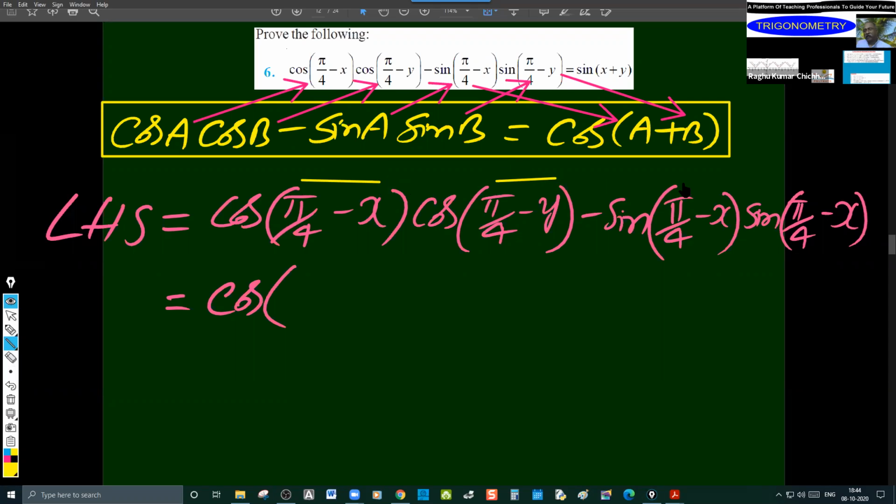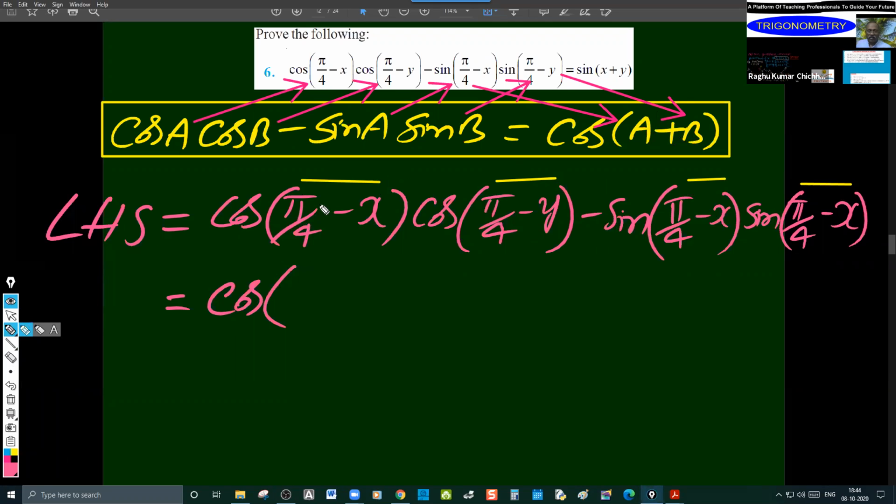Now you can see, I wrote LHS there. Now in place of A, you have pi by 4 minus x. In place of B, you have pi by 4 minus y. So what is to be written? It is in the form of cos A cos B minus sin A sin B. Then what should it be? Cos of A plus B.